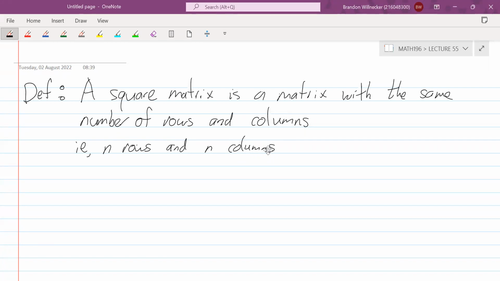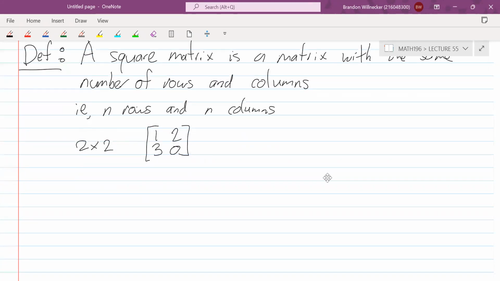We've seen some square matrices before, so let's just do two examples here. Let's say 2 by 2, so same number of rows and columns. An example would be 1, 2, 3, 0. That's a square matrix. It makes a square shape.